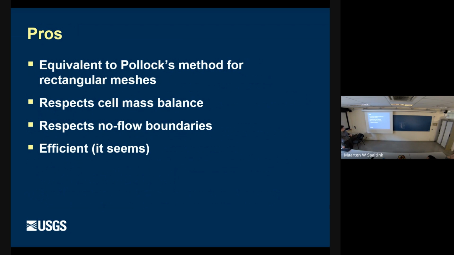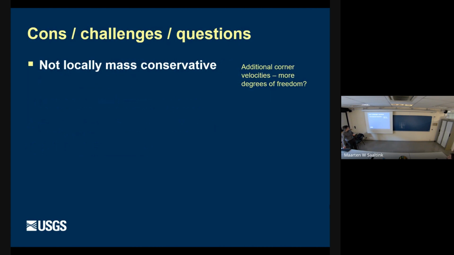It does respect the cell mass balance. It is divergence-free. You know what's coming. But it does respect the cell mass balance, the flows that Modflow gives us. It respects no flow boundaries and seems to be efficient based on our preliminary tests.